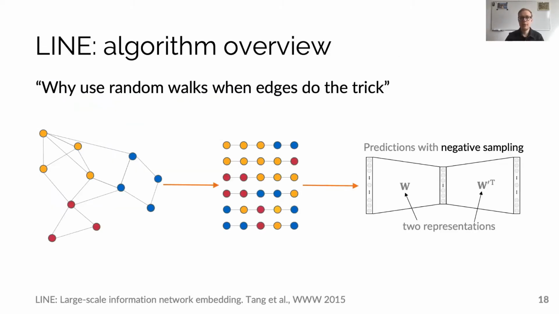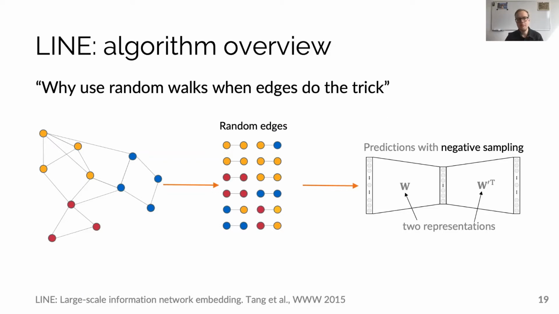And then we will talk about LINE. It's a 2015 paper from WWW. It's a simplification of sorts of DeepWalk, and basically they just try to remove all the parameters, like w, gamma and t, and they basically say that you don't need to use them, you can just feed edges of the graph.